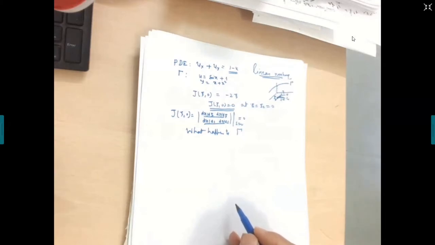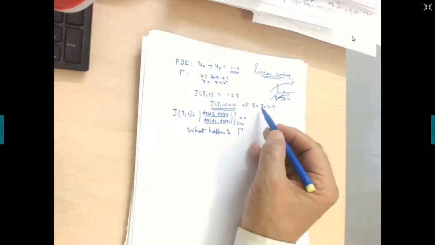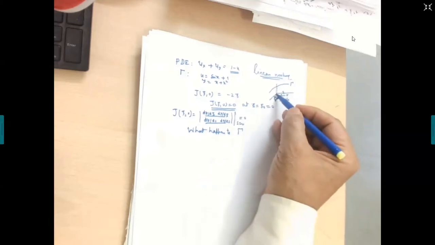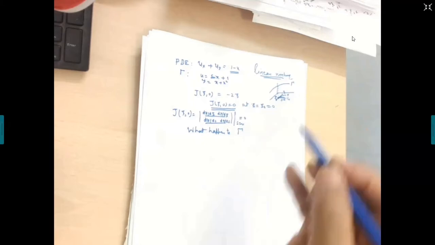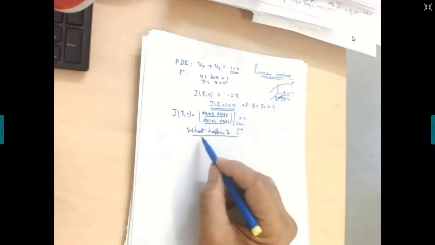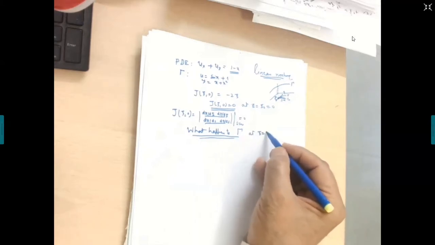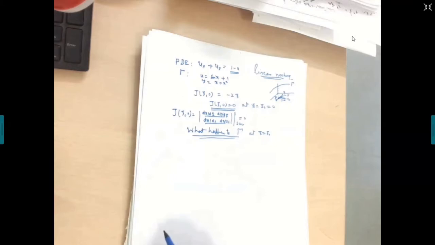As a matter of fact, this is the origin. I should have taken this as the origin. Anyway, it is very clear because xi naught is 0. I have taken the origin here. The origin must have been here. I would like to know what happens to gamma at xi equal to xi naught.